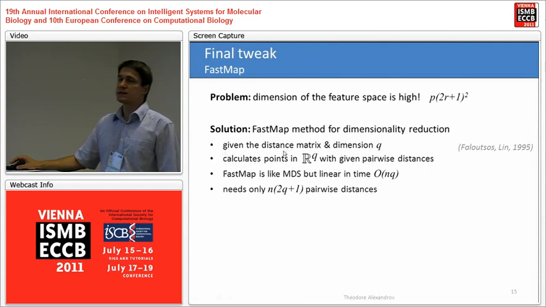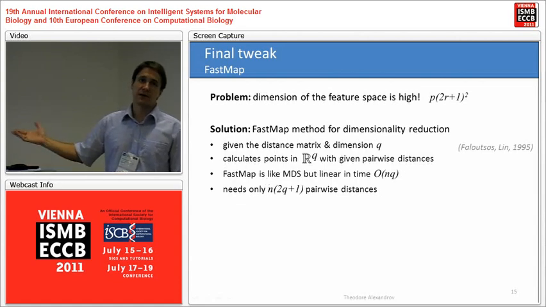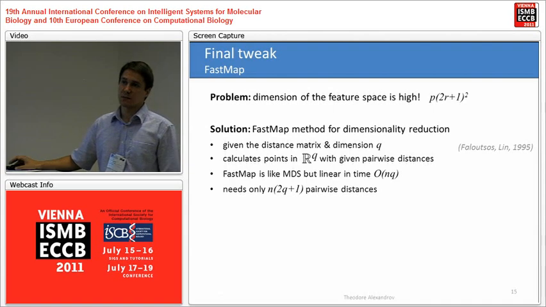Because you give this method a distance matrix and some dimension, and it calculates the points in Euclidean space with these given pairwise distances. If you know multi-dimensional scaling, this is in fact the same, but much faster, because MDS is O(n squared) and here we just have runtime O(n).